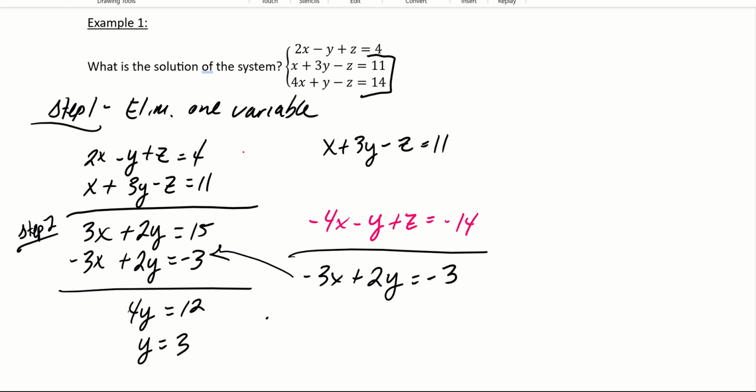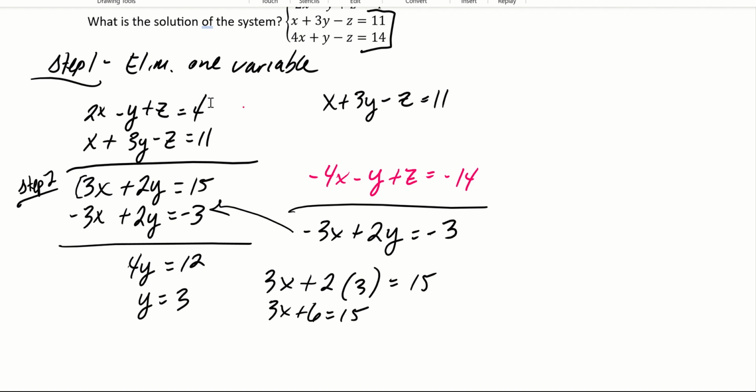So I can say 3x, and I'm using this equation here, plus 2 times 3 is equal to 15. I can do 3x plus 6 equals 15. We'll scroll down a little bit. Subtract 6 from each side to get 3x is equal to 9, and get x is equal to 3.